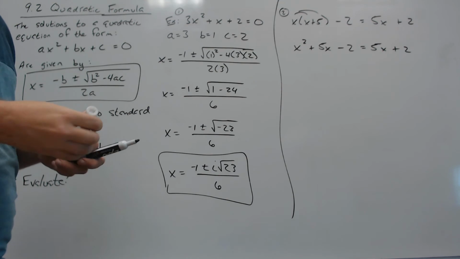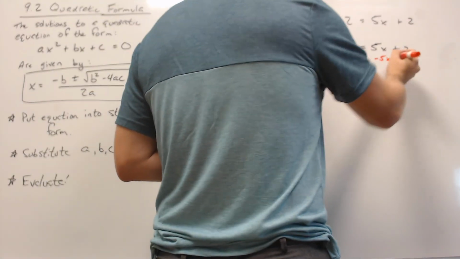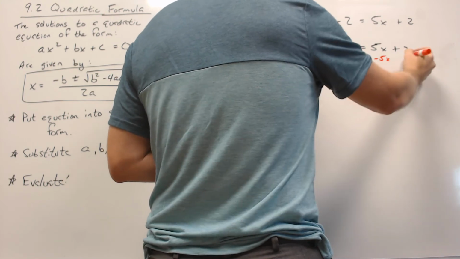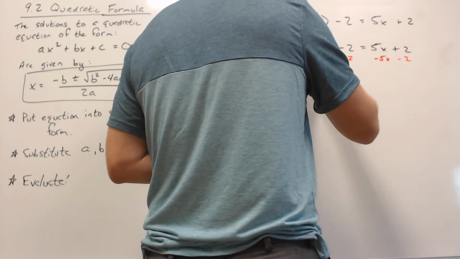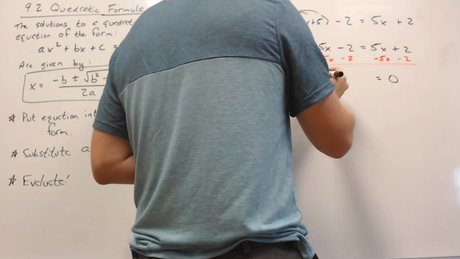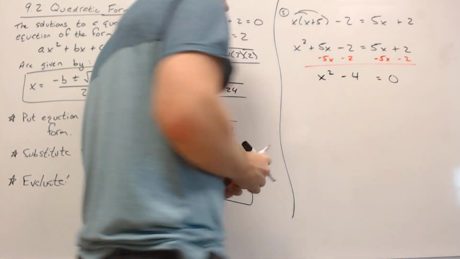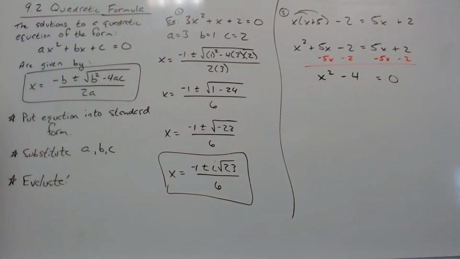So I still need to get it in standard form, so I need it equal to 0. So I'm going to subtract 5x, subtract 2. So we have a 0. x squared minus 4 equals 0.